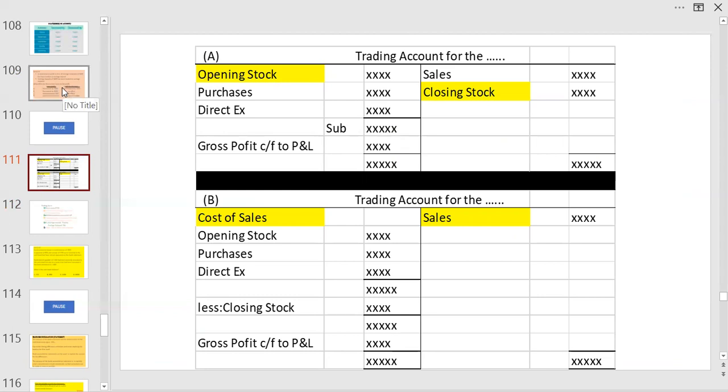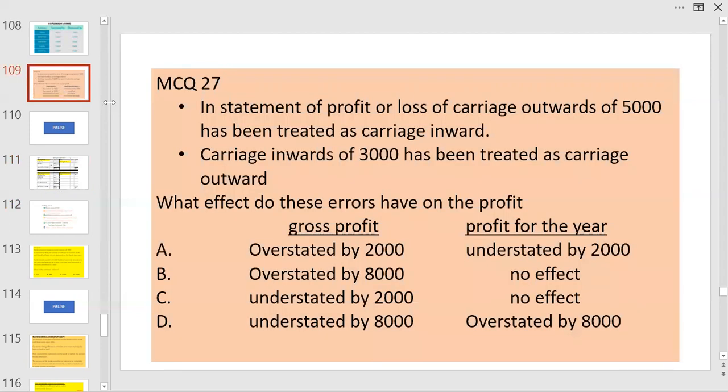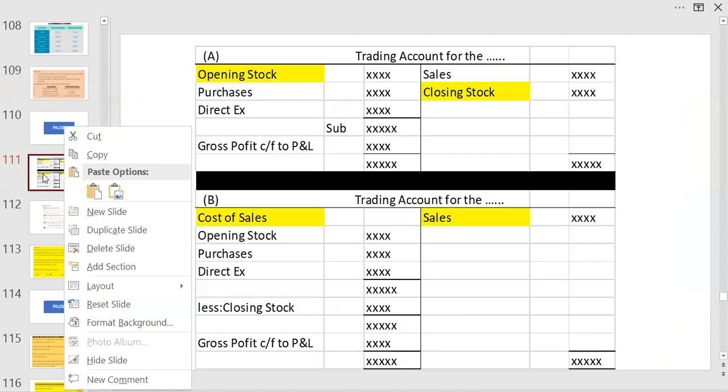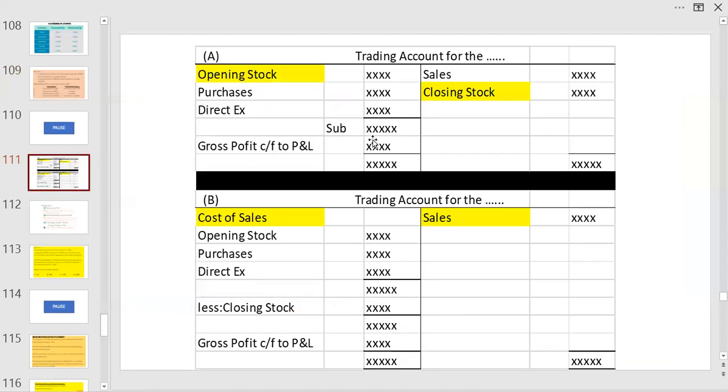If you go to our options, right, there are two places where they say understated. So understated, there are two places. So therefore, options A and B are out. Now we go back to the other question. The other answer is, okay, if we correct it, then the trading account will show a higher gross profit.